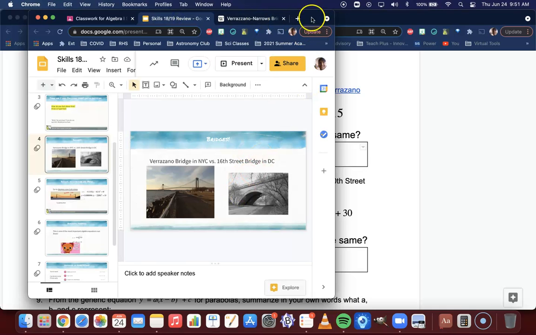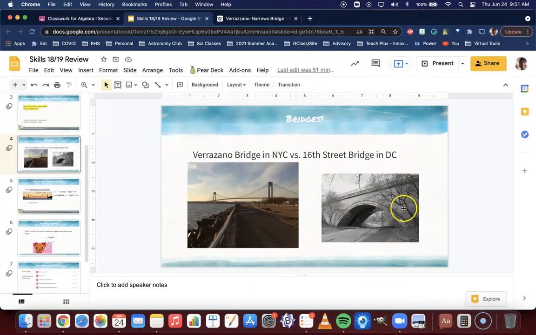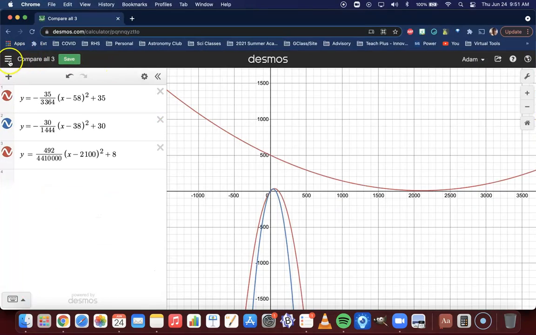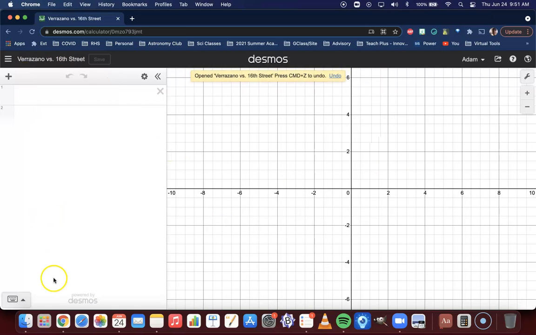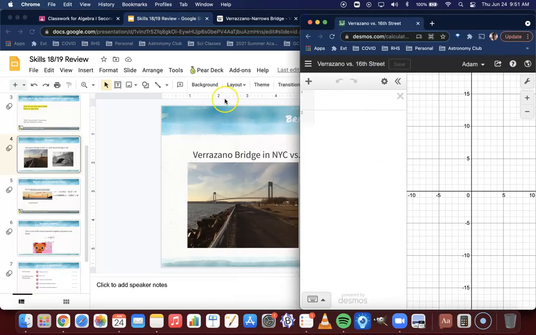It's a fairly iconic bridge in Washington, D.C. And you're going to compare that to the Verrazano Narrows Bridge in New York City. This is a view from Brooklyn at the Verrazano Bridge in New York City. So we're going to compare those two directly, and that will help us with the comparison.